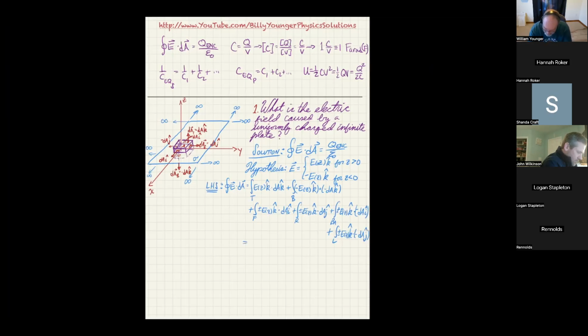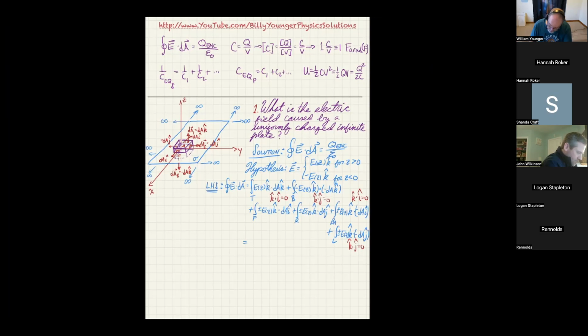Of course, you can see from the dot products that k hat dot i hat is equal to 0, and that k hat dot j hat is equal to 0, and that there's another k hat dot j hat, so that's also 0, and there's a k hat i hat over here as well, and that's equal to 0.